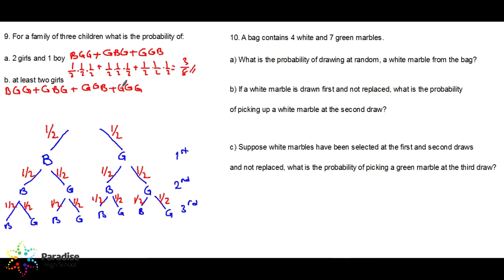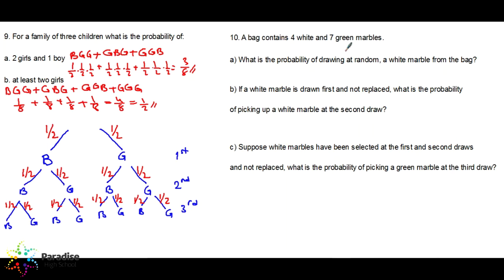If you look at the possible outcomes, you will see that there are 2 girls or 3 girls, because at least means it can be 2 girls or 3 girls. Each time the probability is 1/8, because 1/2 times 1/2 times 1/2. So that makes 4/8, which is equal to 1/2. So having at least 2 girls, the probability is 1/2 if you have 3 children.